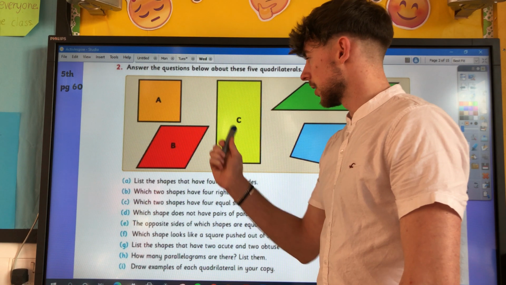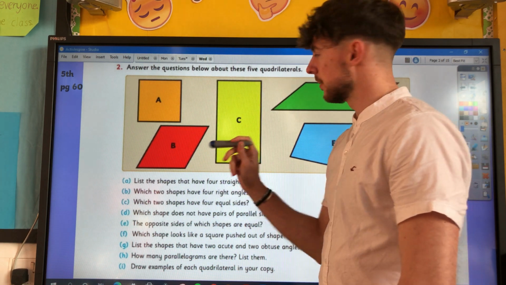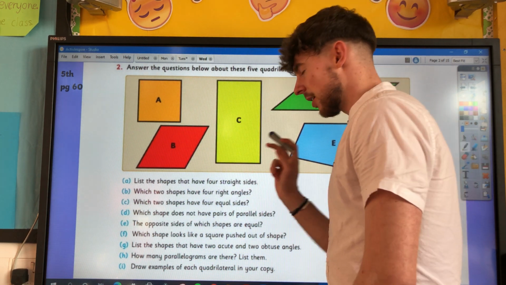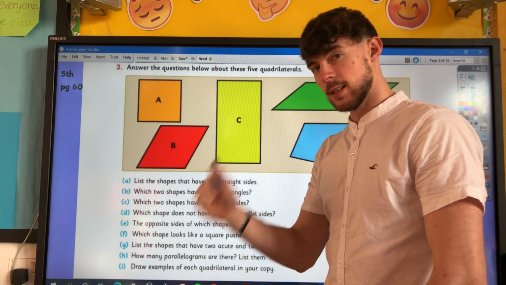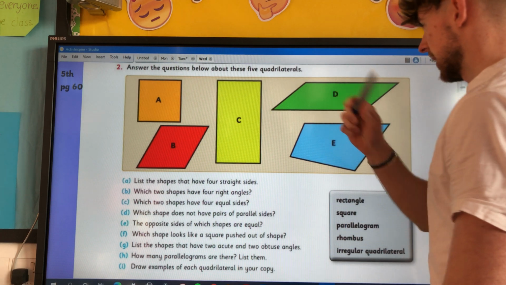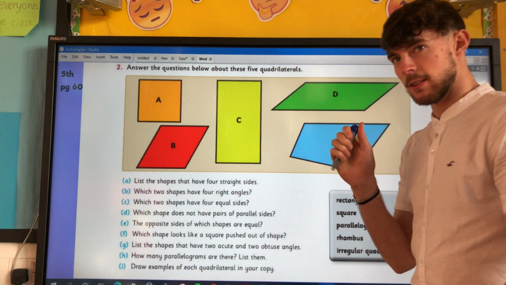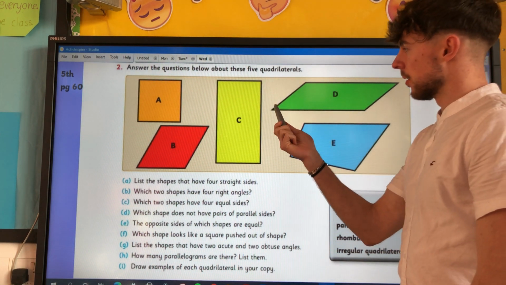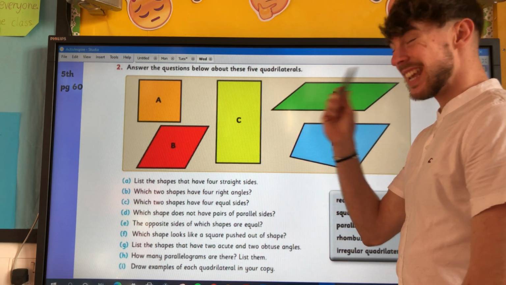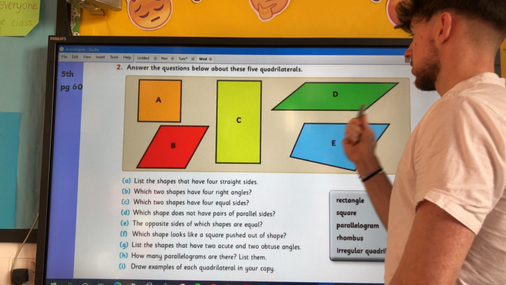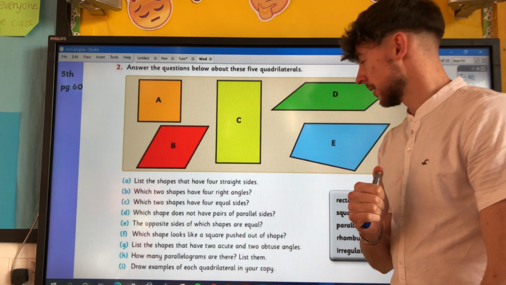This side and this side are equal, that side and that side are equal, but are they all equal? No. And are all the angles equal? Yes, they are. So the angles are equal, but the sides aren't. Then D. D is a parallelogram, right? The sides aren't equal, the angles aren't equal, but it is a quadrilateral because it has 4 straight sides.